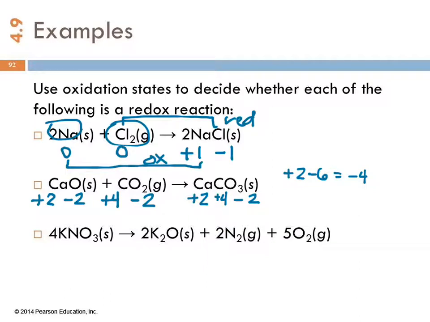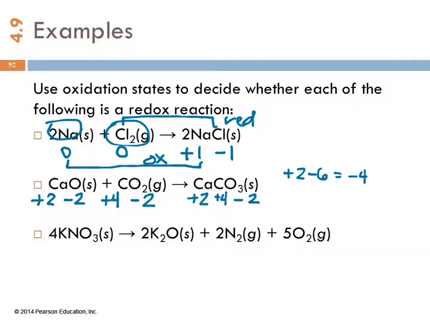So now we can look at these and see if there's anything changing and identify if it's a redox reaction or not. Does the calcium change its oxidation number? No. Does the carbon change its oxidation number? No. How about oxygen? Here it is in 2 places. Over there it's -2, and over here it's -2.